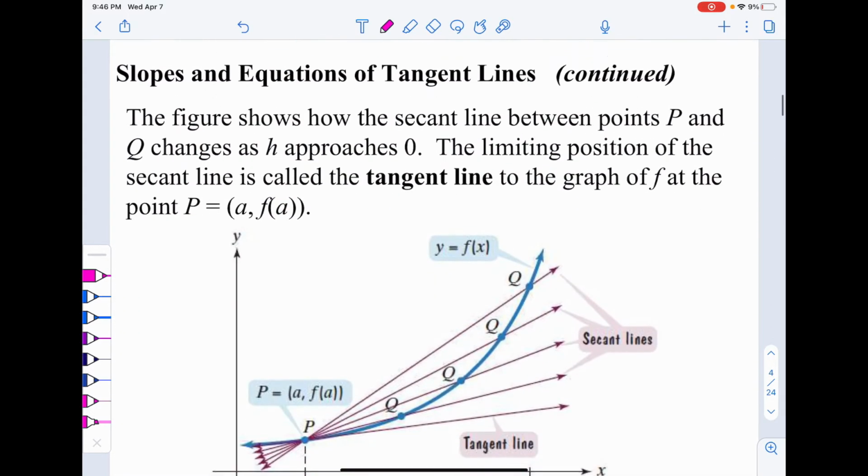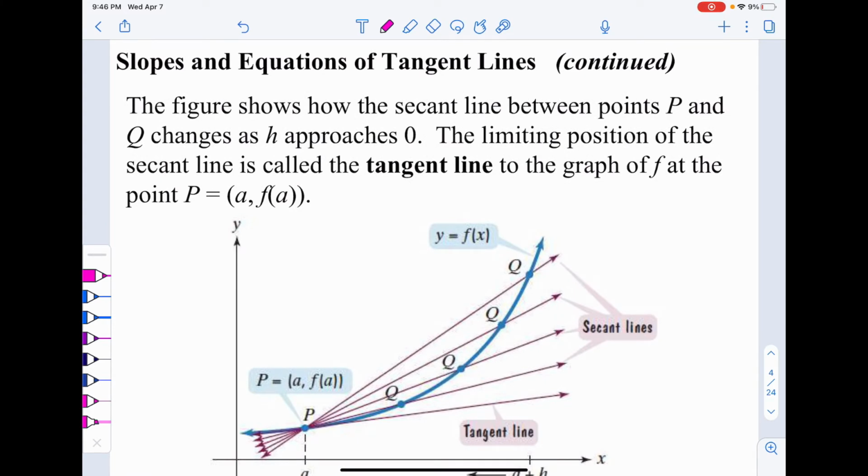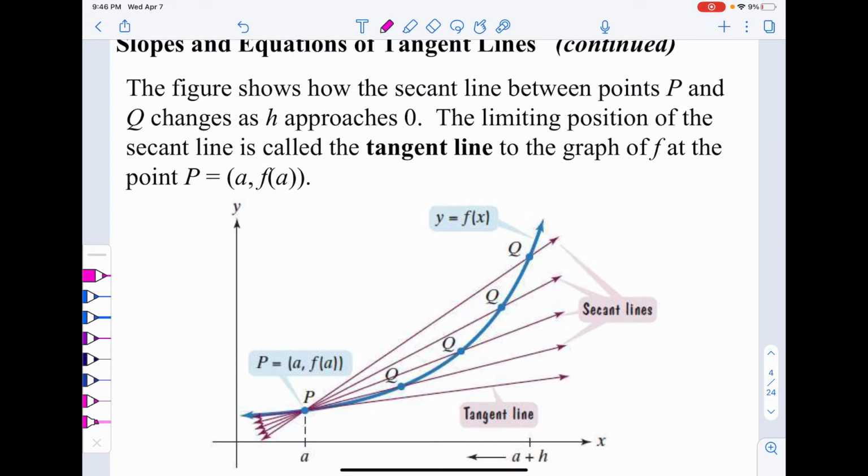As we continue on toward the tangent line, it says the figure shows how the secant line between points P and Q changes as h approaches 0. From point P, the first Q has this first line drawn in. Then what happens if I bring that point closer?